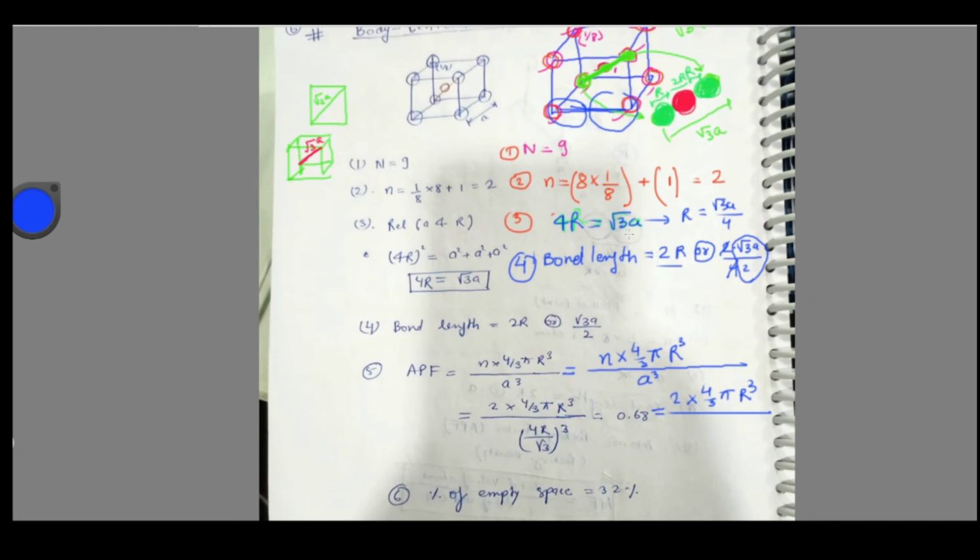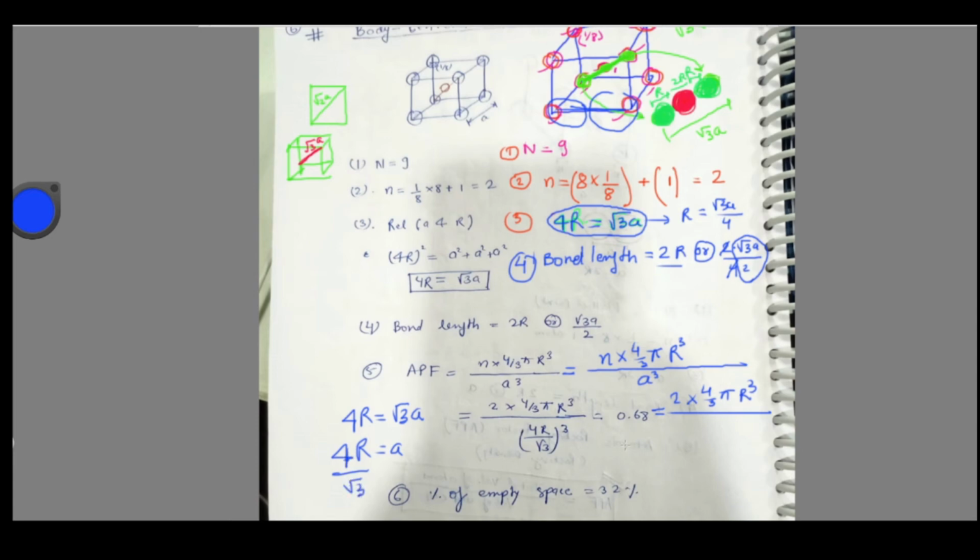And the relation between a and r we know from here. We got 4r is equal to root 3a for BCC. So write a in terms of r: a is equal to 4r by root 3.